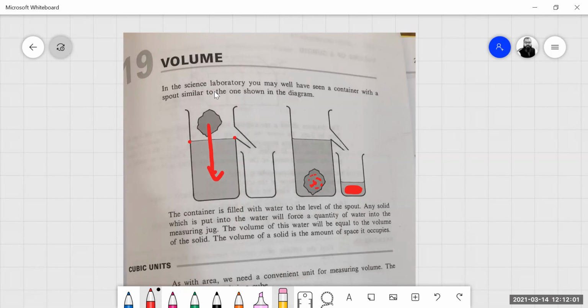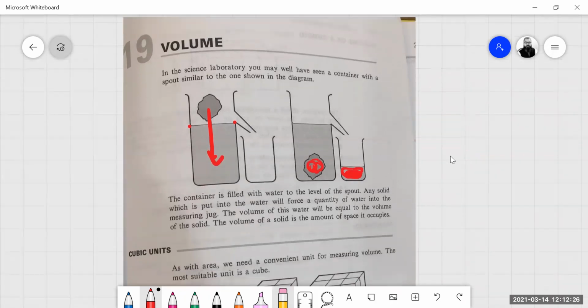It means the water level will come up, and due to this the extra water will go to the other tube. The volume of this water will be equal to the volume of the solid. The volume of a solid is the amount of space it occupies.